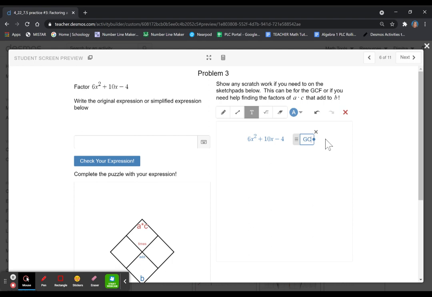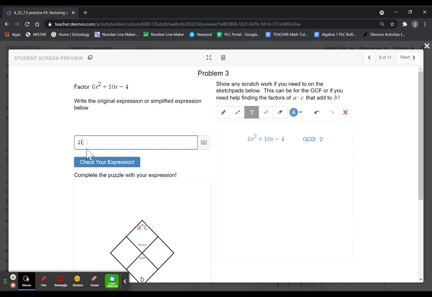So that means a couple things. That means I am going to write the 2 on the outside, and then I'm going to divide all those terms by 2, and I'm going to put it in the expression there. So let's divide all the terms by 2. Okay, so 6x squared divided by 2 is, so we're going to put the 2 on the outside. 6x squared divided by 2 is 3x squared.